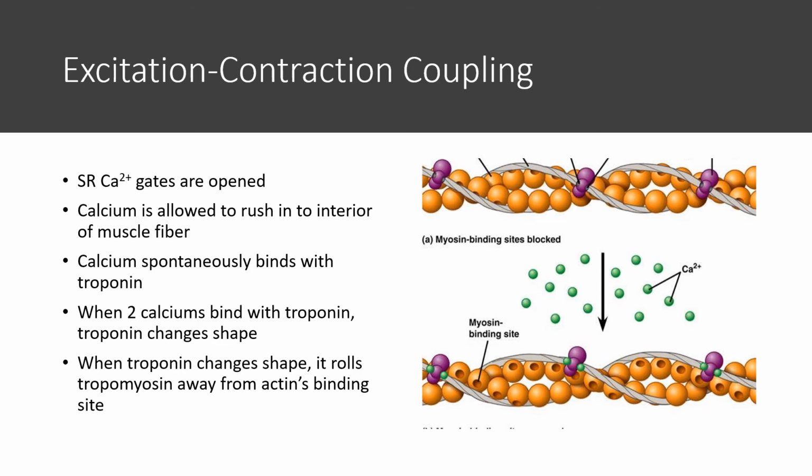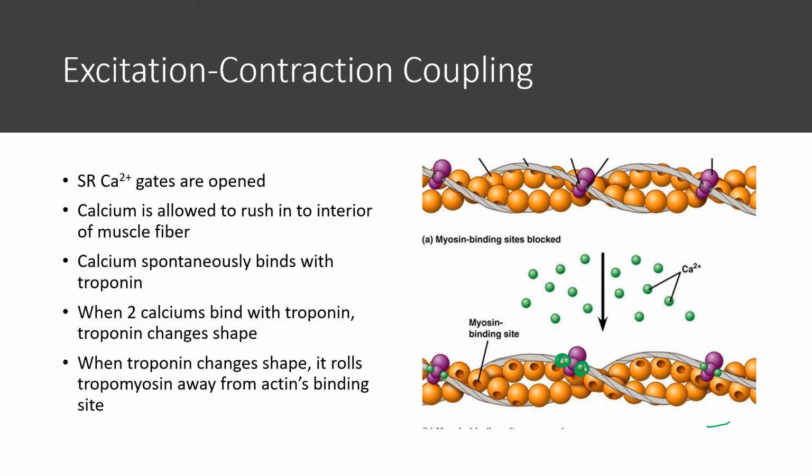So the calcium is going to rush in, and then it'll bind to troponin. It's just nearby, so they're going to spontaneously bind. You have enough calcium released into that area, calcium's bound to bump into a troponin.